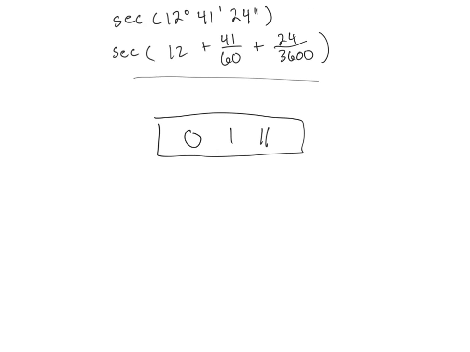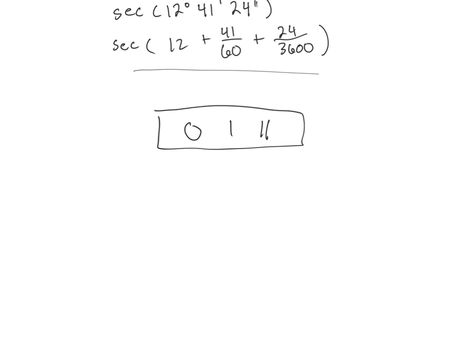And that button is your degree, minutes, seconds button. So if you don't have that, use this formula. To do secant, remember we don't have a secant button, but we do have a cosine. So just press 1 over the cosine of all this.